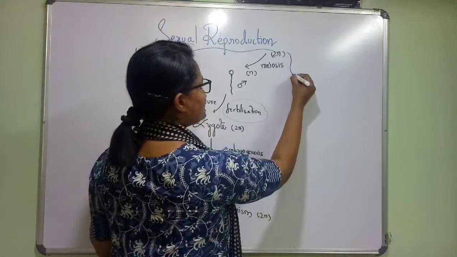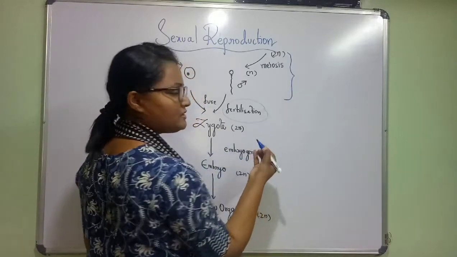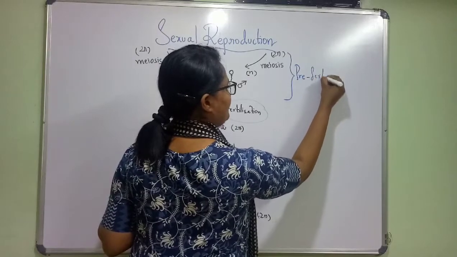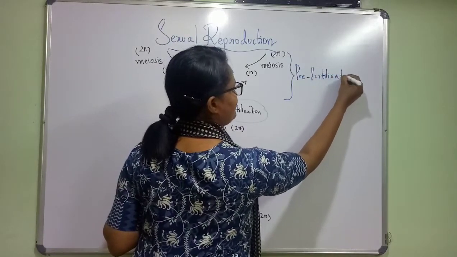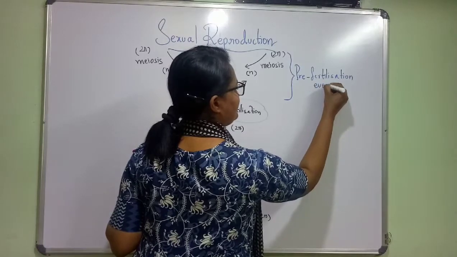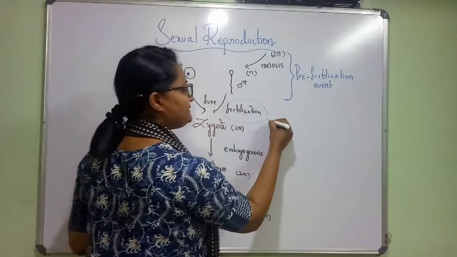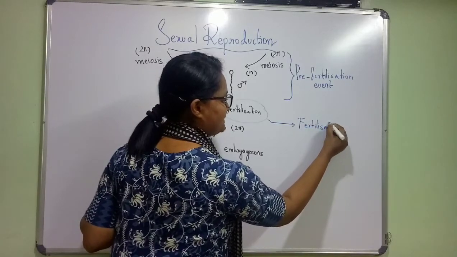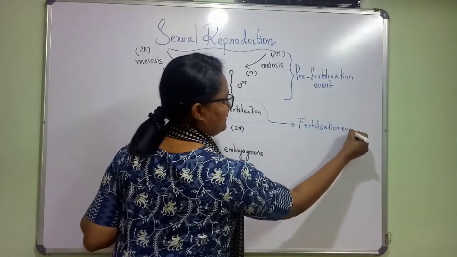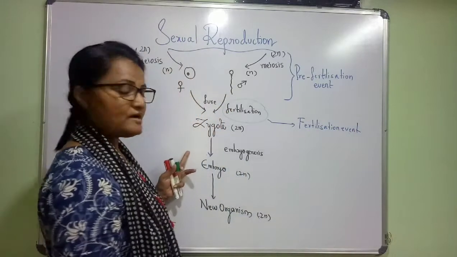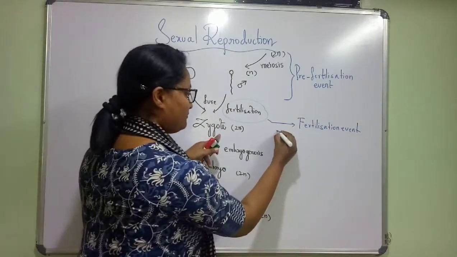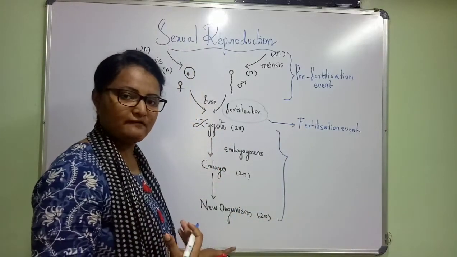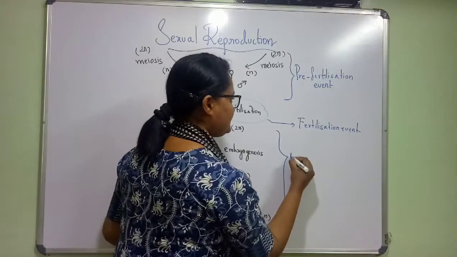From the production of gametes before the fusion, this step we call the pre-fertilization event, and the fusion itself is called the fertilization event. And after fertilization, from the zygote formation till the development of the new organism, the event is called the post-fertilization event.